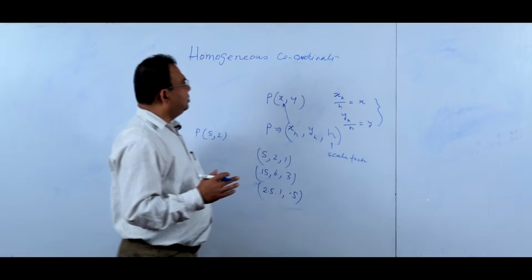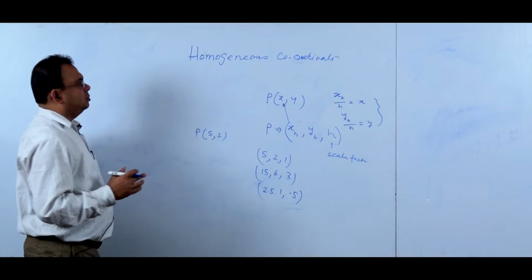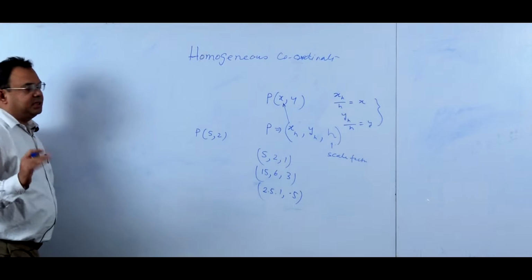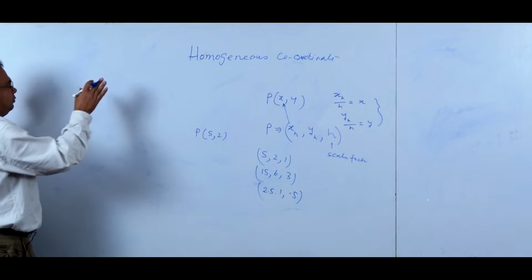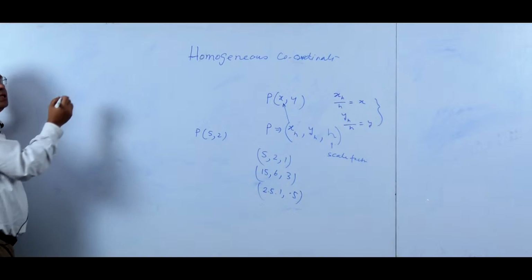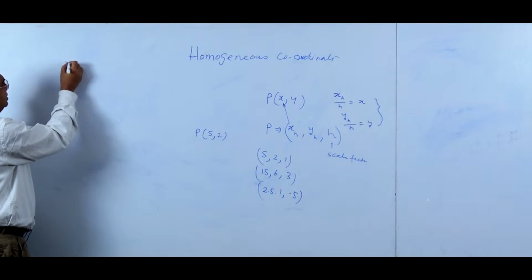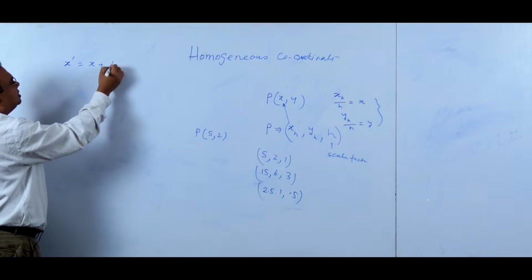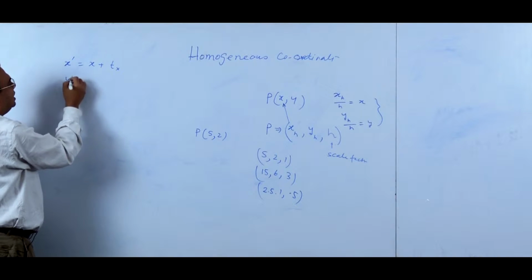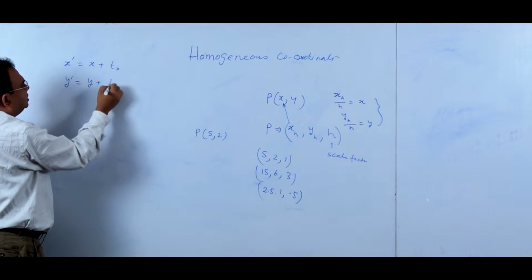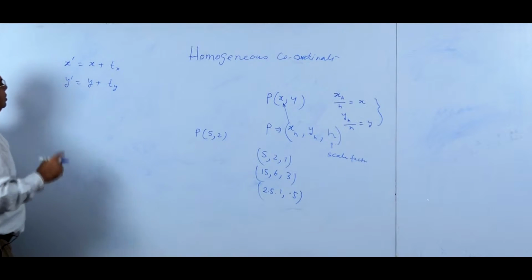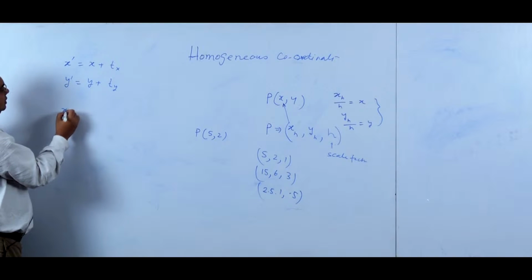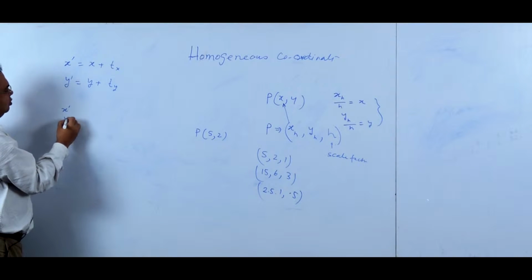Now, with the help of this way of representing a two-dimensional point, let us see how we can represent translation. If we recollect the transformation equations for translation as represented earlier, x dash is equal to x plus tx and y dash is equal to y plus ty. We can write the object point as x dash, y dash and 1.